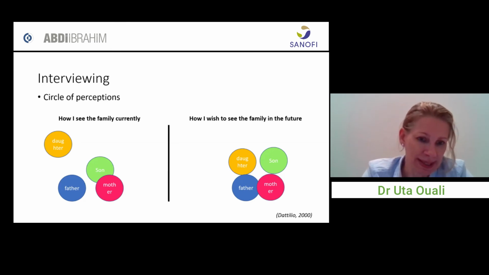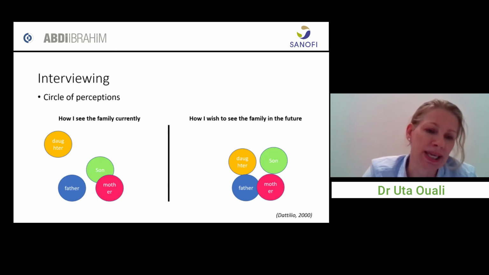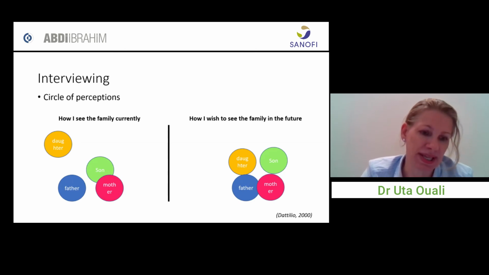What is done is that you try to visualize the emotional closeness of the family members. You ask each of the family members who are present to take a piece of paper and draw circles that represent each family member, and the distance between the circles equates to the emotional closeness or relatedness of the family.